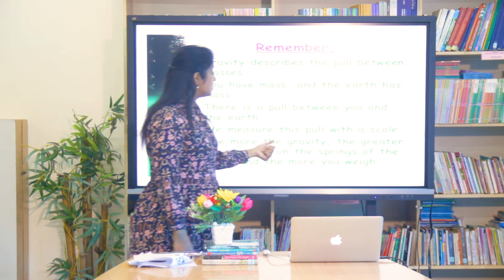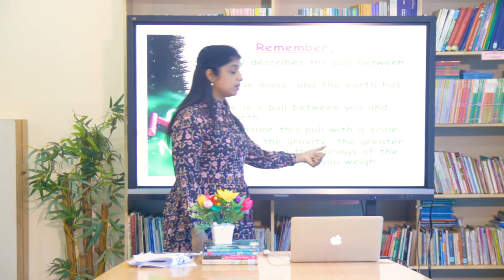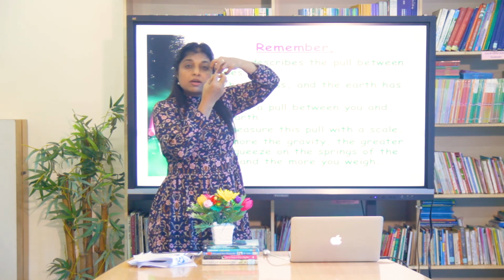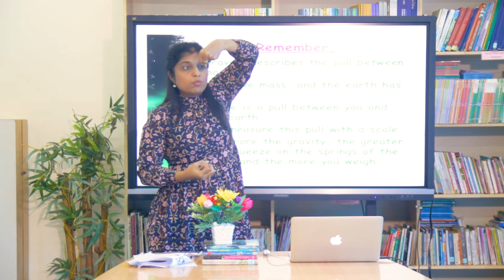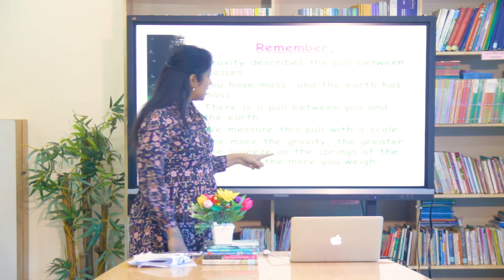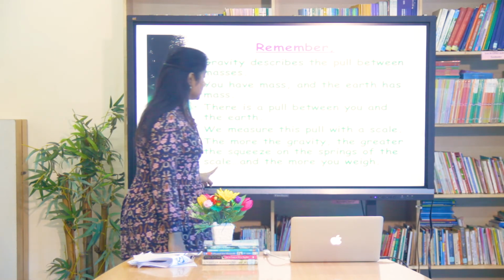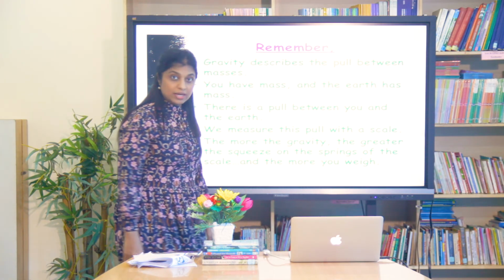The more the gravity, the greater the squeeze on the spring. It means the more the power of the pull, the more it is going to squeeze the spring of the scale, and the more you weigh.